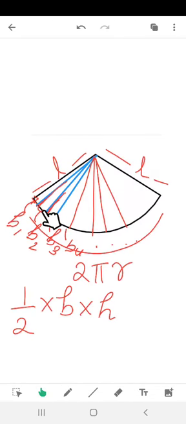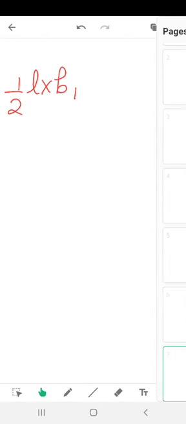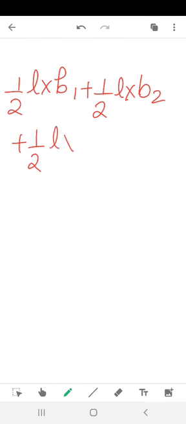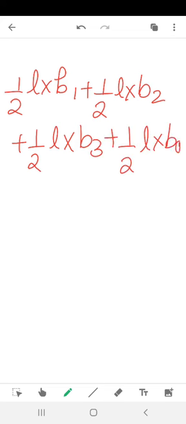For the second triangle, the base is b2 and it is not a right angle triangle, so the 90-degree angle is over here. So this is the height for this triangle also, and this will be the height for each and every triangle we have made here. Okay, so L is always the height over here. So we are going to take it like this: half L into b1 plus half L into b2 plus half L into b3 plus half L into b4 and so on.